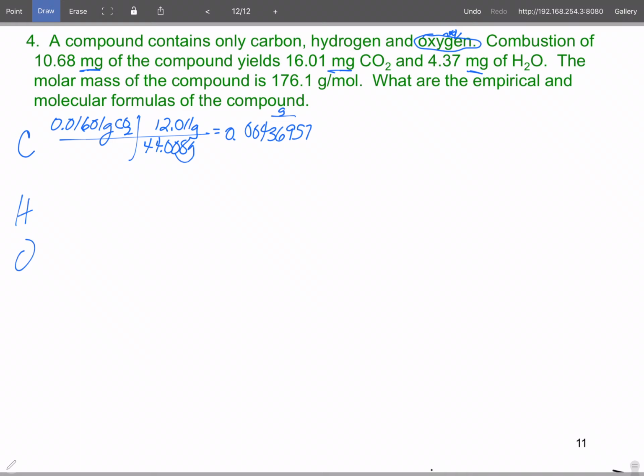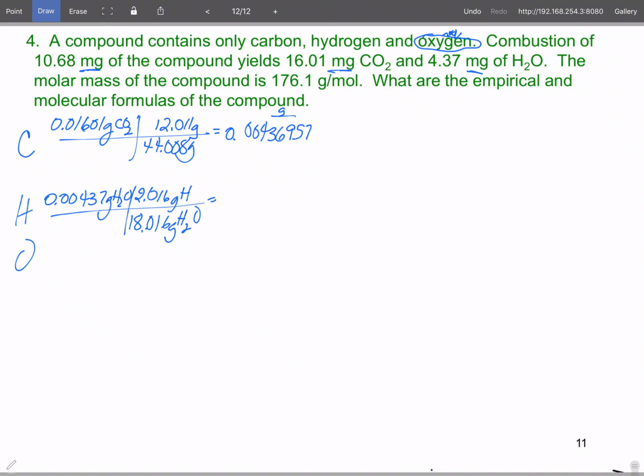Okay, for the water we have 0.00437 grams of water, 18.016 grams of water per 2.016 grams of hydrogen. And I was really zealous with that line.